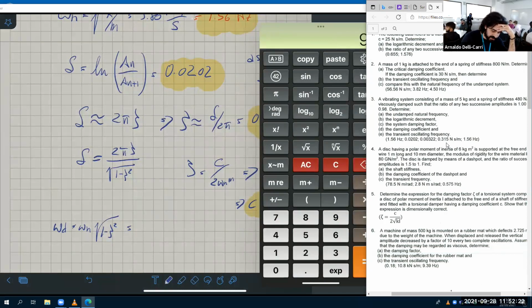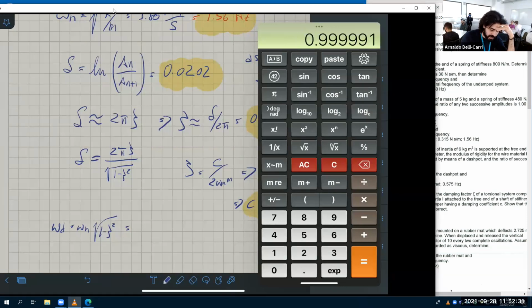As you can see, it's a tiny number. It's basically 1. This is basically 1 times 9.80. There you go, 9.79, which divided by 2 divided by pi is 1.55. It's 1.56.